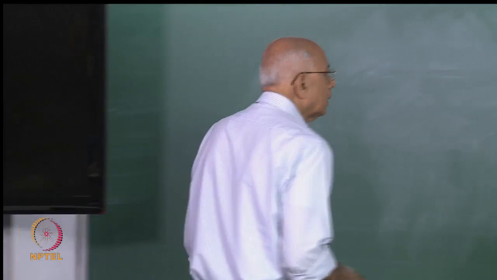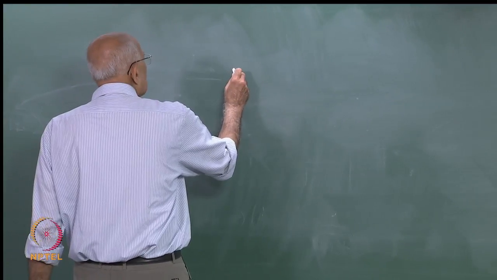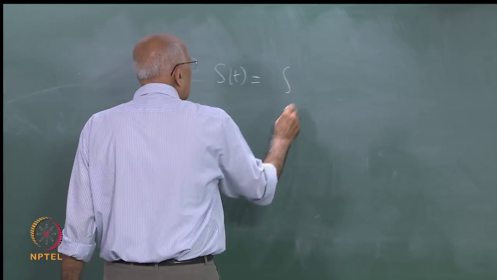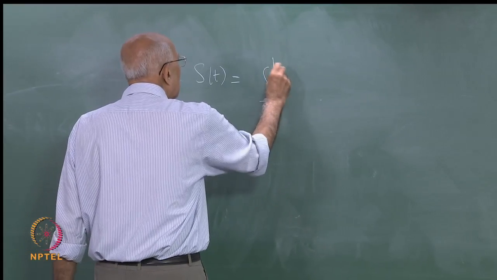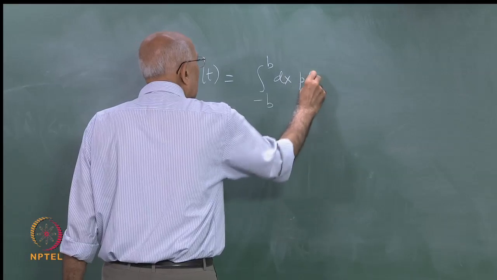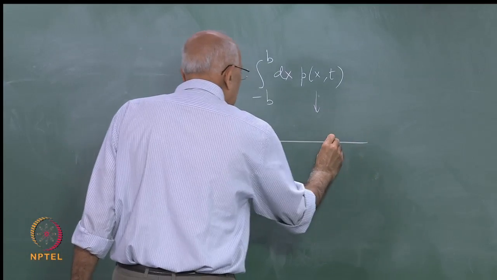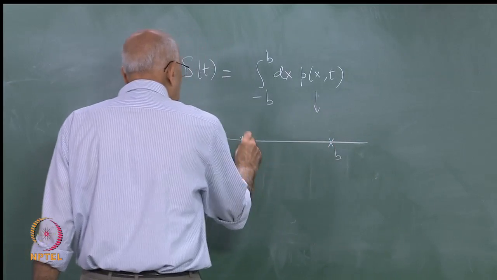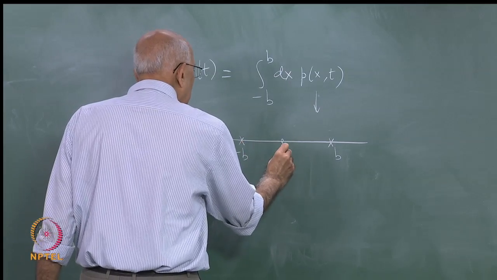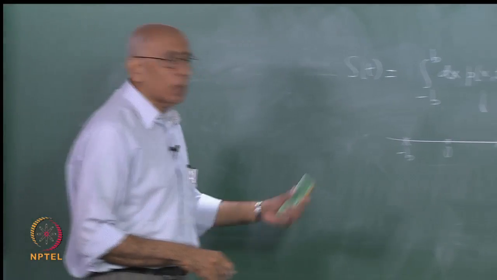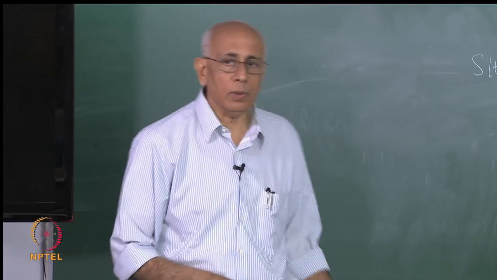is of direct physical significance in a large number of applications. So we are going to look at this problem and ask what's S of t equal to explicitly for boundaries at minus b and b, the integral dx p of x comma t, where this has two boundaries which are absorbers at b and minus b, and the particle starts at 0 at t equal to 0. We are going to compute this number explicitly and see what it does.